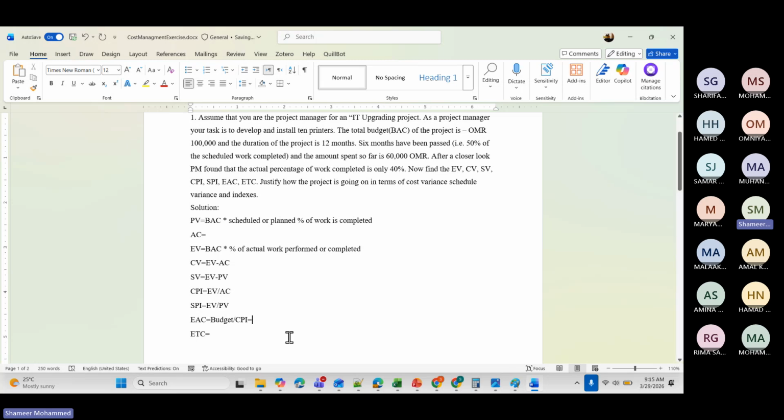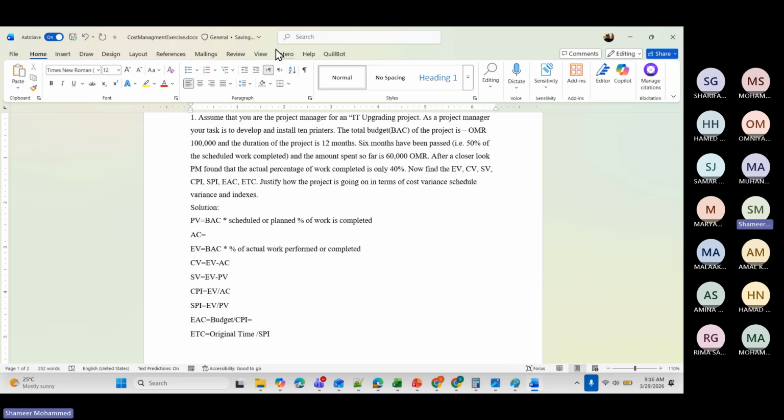This is the total original time, sorry, original time divided by SPI. So these are the formulas.